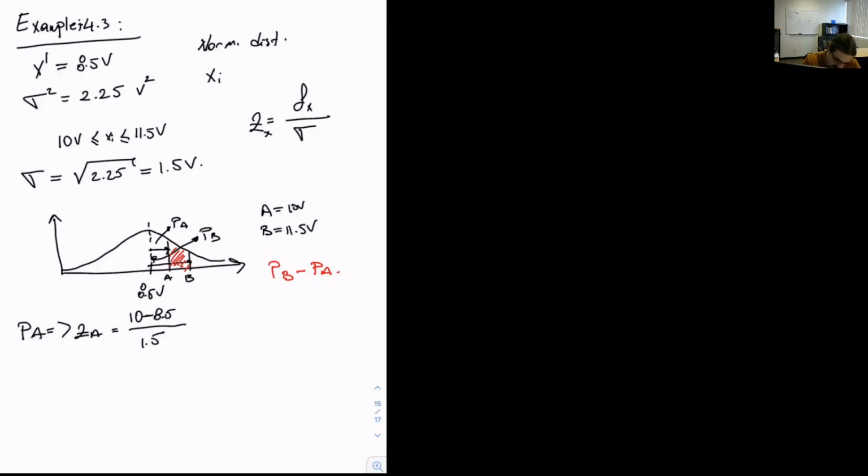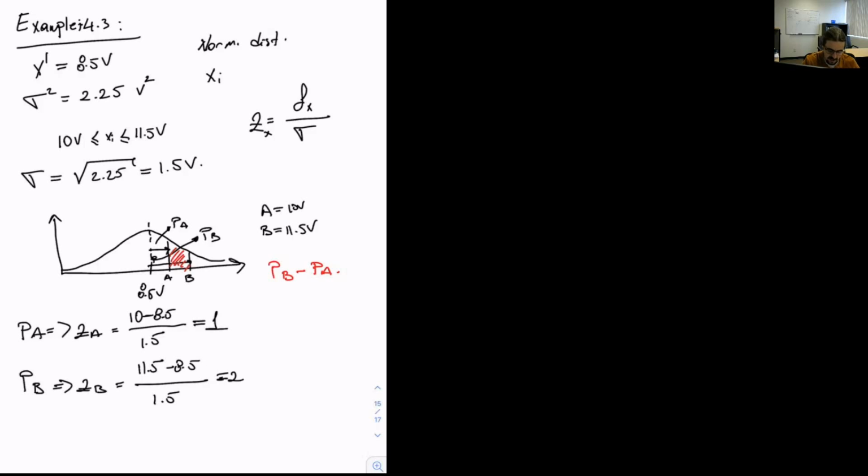So that's going to be 1. And then for PB, say ZB, that's going to be 11.5 minus 8.5 divided by 1.5, and that's going to be 2.